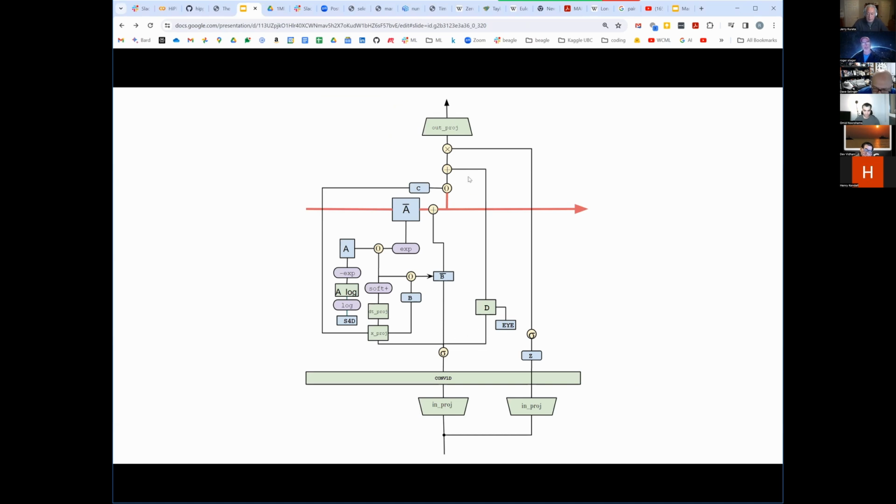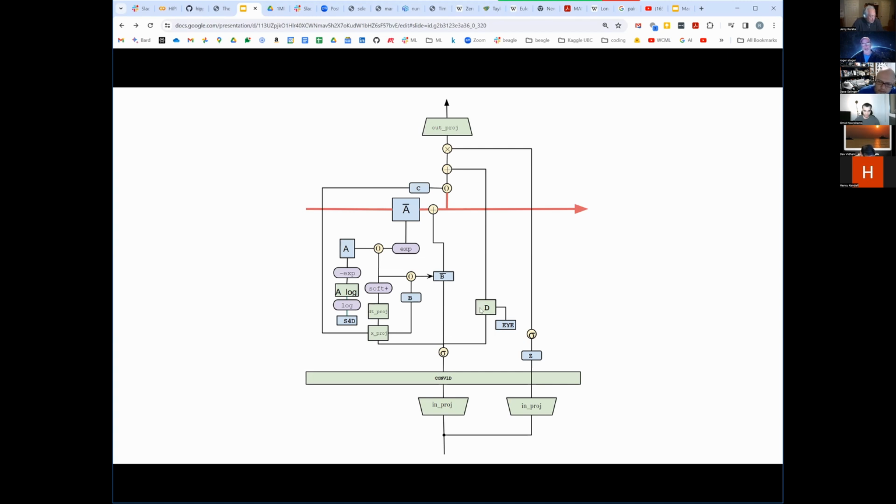This is residual in a layer input to output perspective. So the input has come in through the projection, the conv, and it will be passed forward past all this stuff that's going on here in the state machine and be added to the output of it.